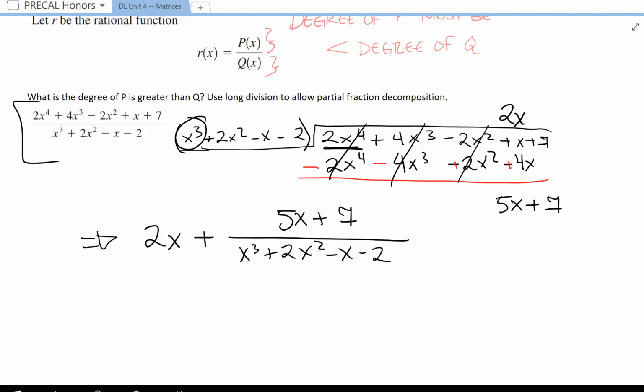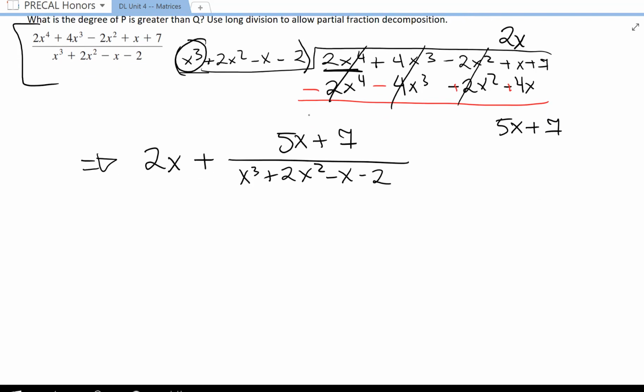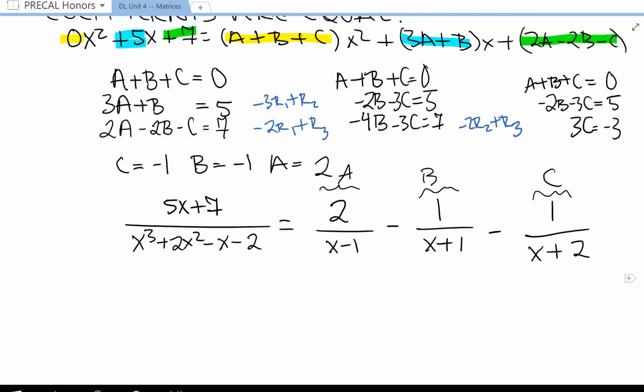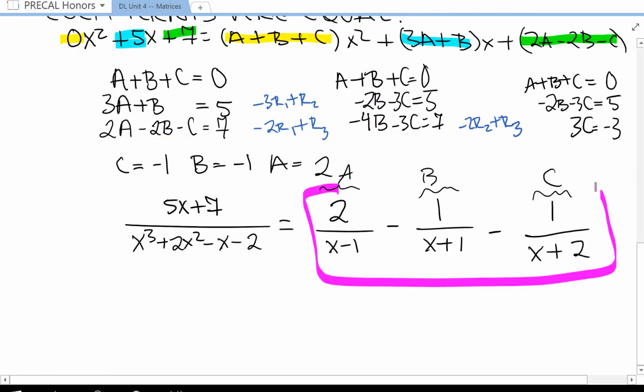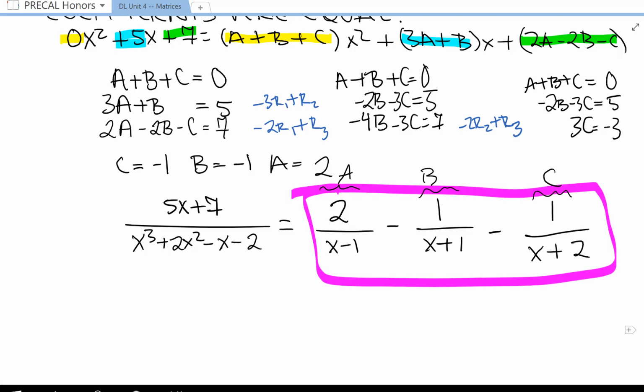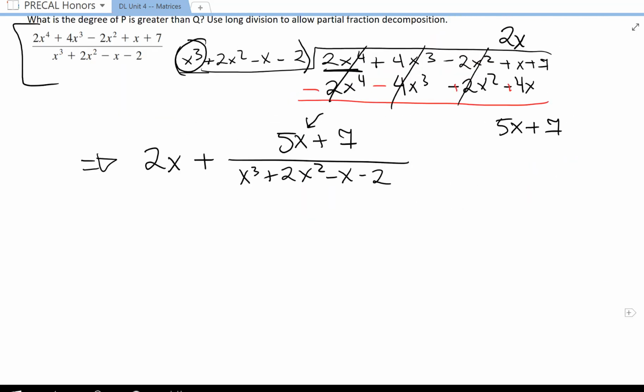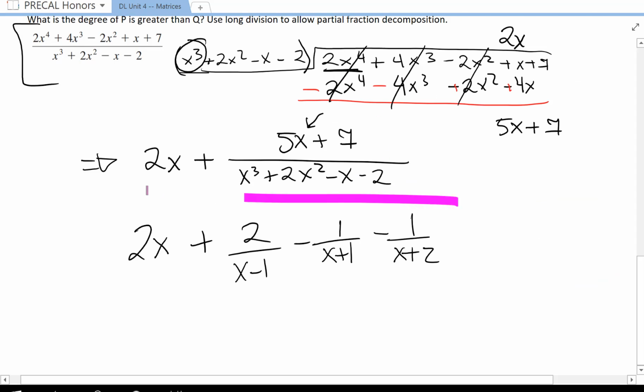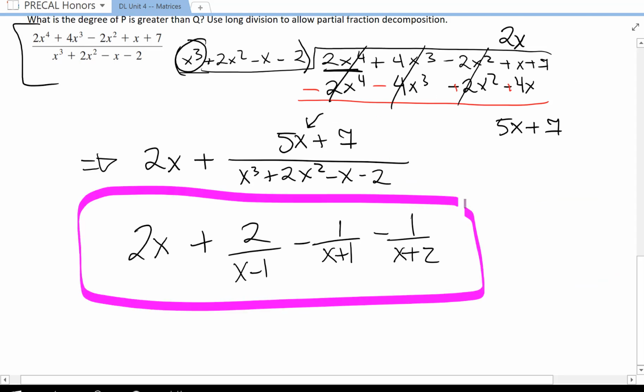All right, and then the degree of the numerator now is less than the degree of the denominator, so you can decompose this. And oh wait, we actually did this in our first problem. We decomposed it right here. So your answer would be the following. Right here. Have a great day.